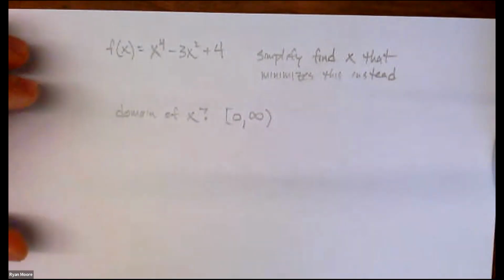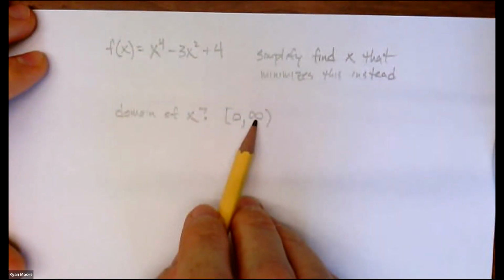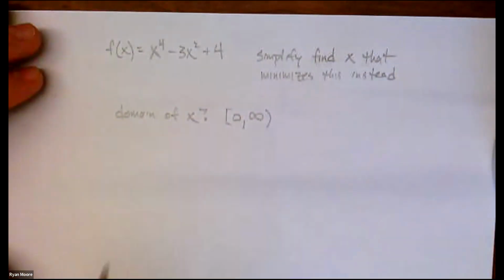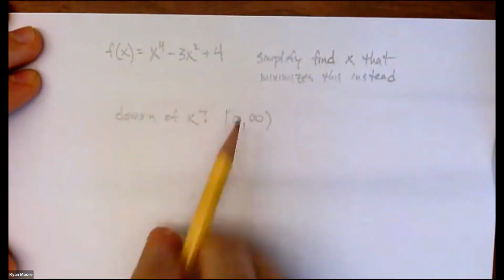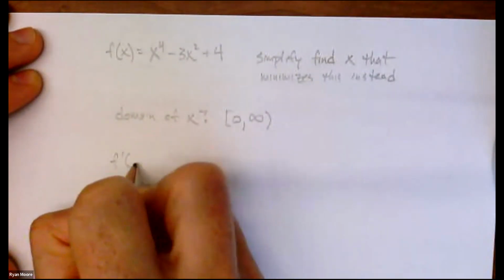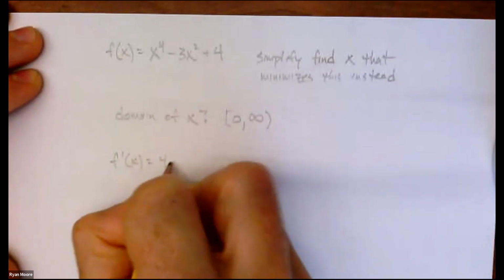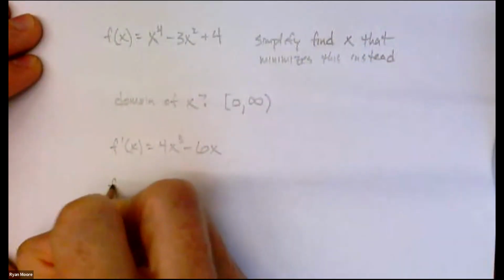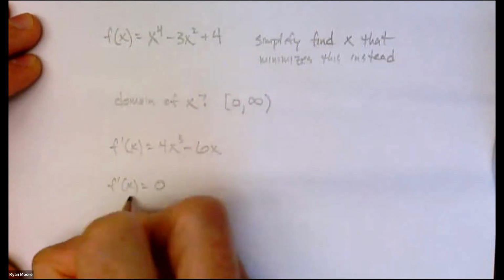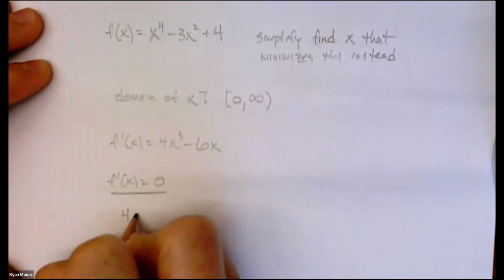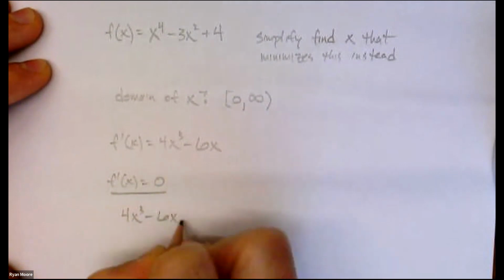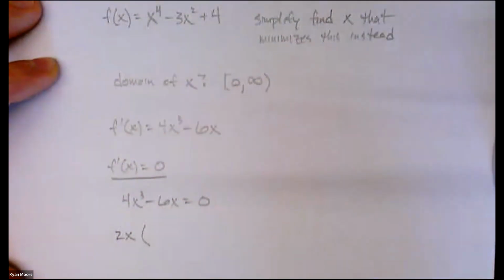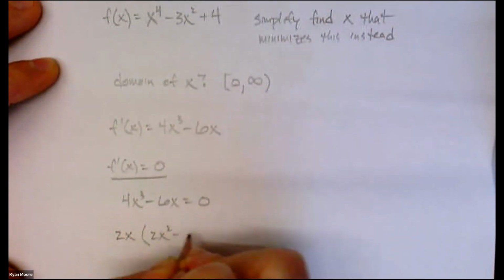Very good. Never had an infinite as a possibility for an absolute max, but okay, we'll see how it plays out. We're good. We got our function, we got our domain. Let's find f prime: 4x cubed minus 6x. Where will that equal 0? We could factor out 2x, leaving 2x squared minus 3.